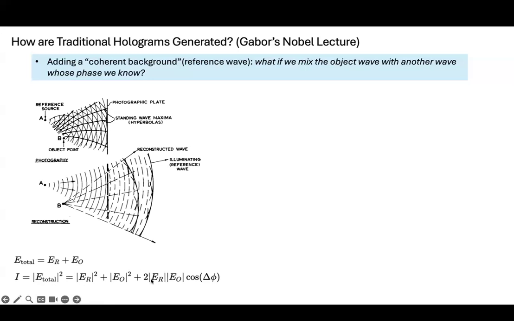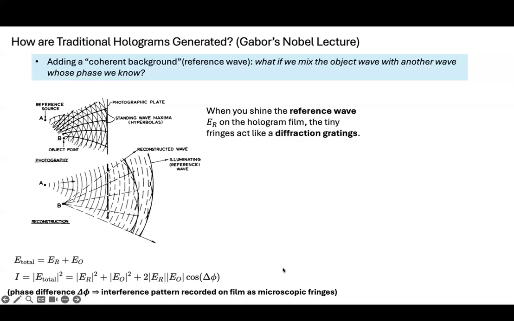And if you expand this term, the first two terms are just the intensities of your reference light wave and your object light wave. But the really important part is this third term, which depends on the phase difference between your reference and object wave. So this is recording the interference pattern on the film.